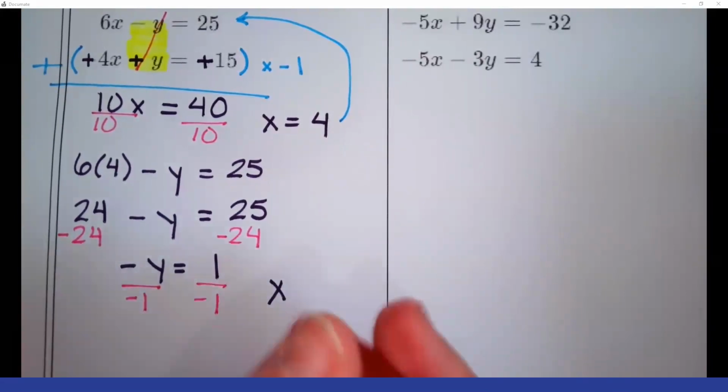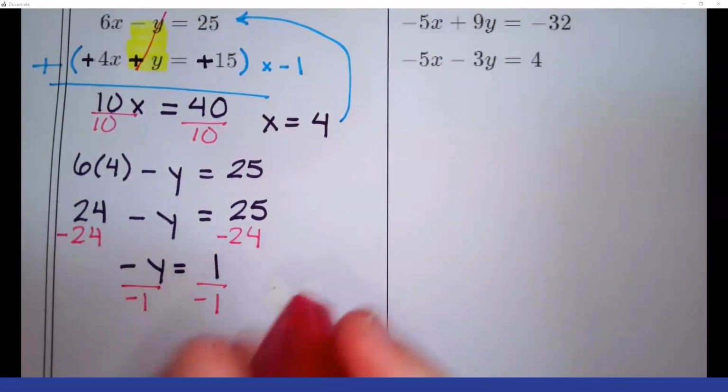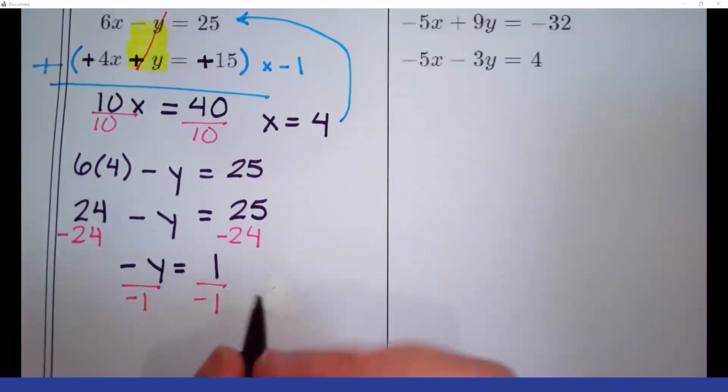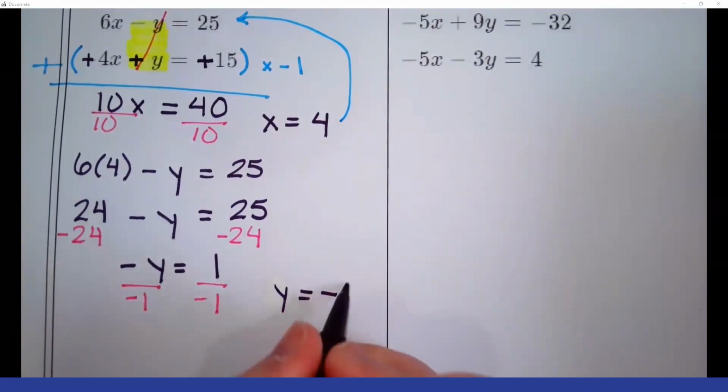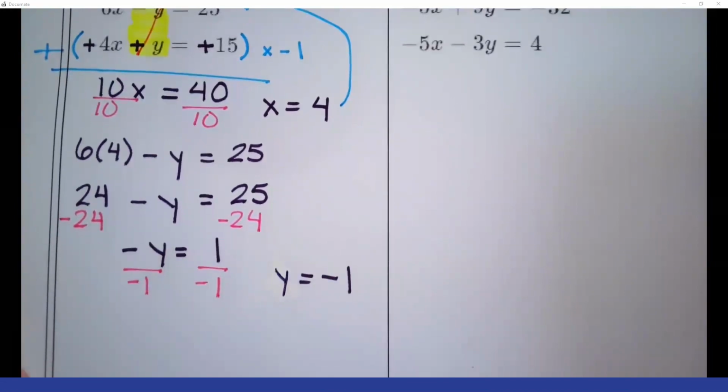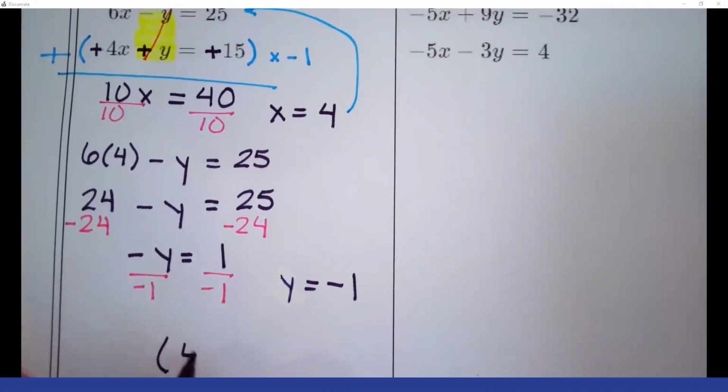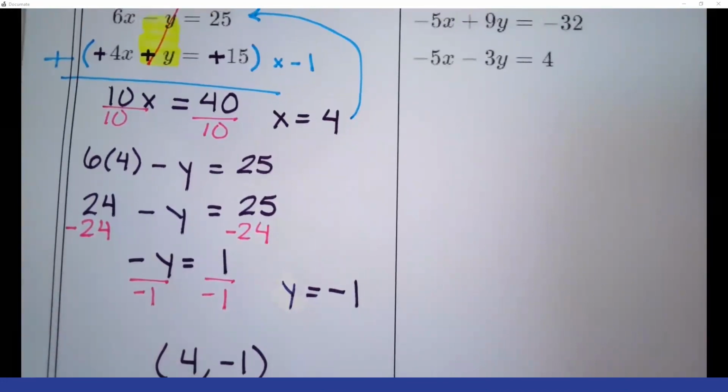Oops, not x. Y is equal to negative 1. So we have 4 comma negative 1. So as I've been mentioning, these problems are almost exactly the same. You just have to take an extra step at the start.